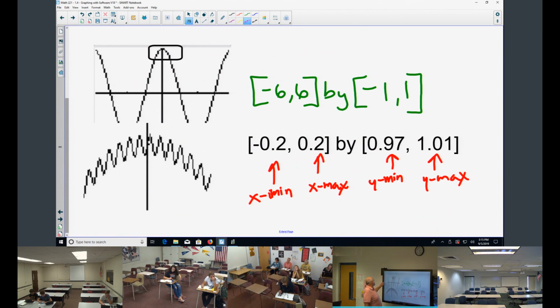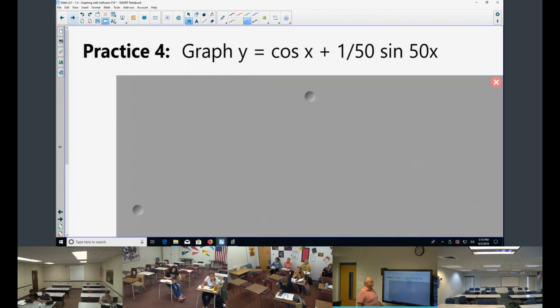Okay. So let's try this one. And I don't know if I reminded you last time, but when we graph any of the trig functions, we want to be in radian mode. So make sure you're in radian mode before you type into the y1.